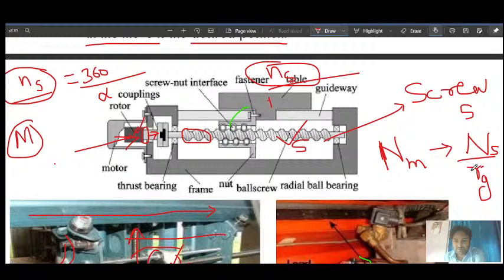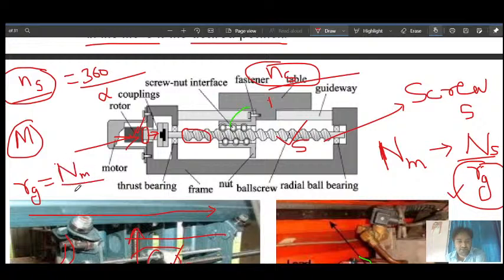The Rg value will be greater than 1. So Rg we can consider as Nm by Ns.